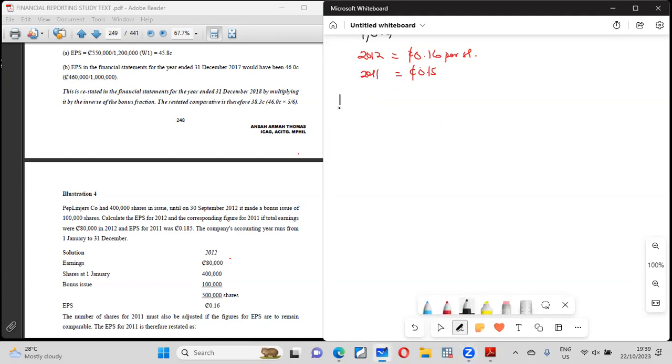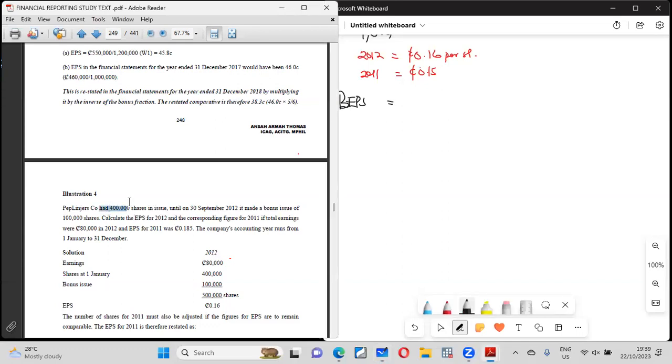All right. So basic earnings per share for 2012. All right. So as you see, it's solved. These are what you have. So we know that the earnings, what was the earnings? Before they had 400,000 shares and the bonus issue is 100,000. So this was not in the form of that statement.